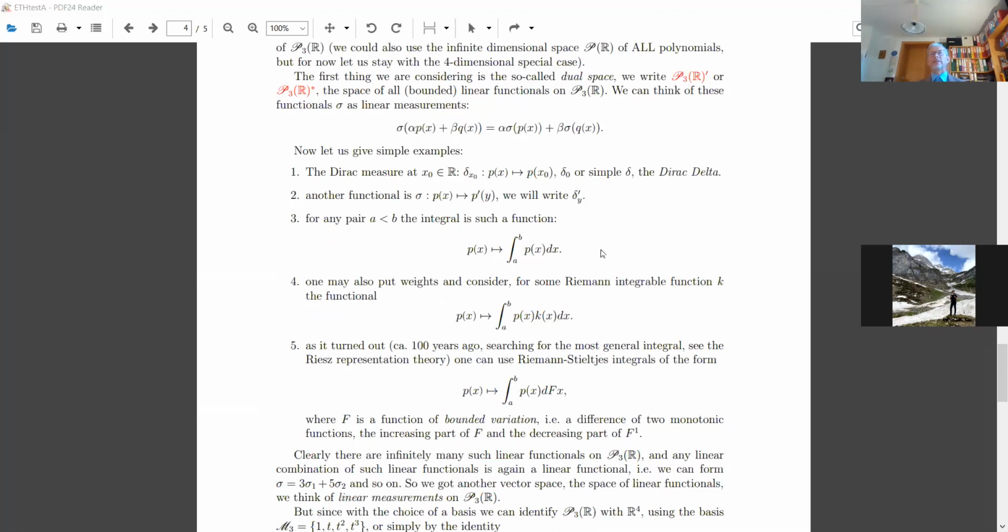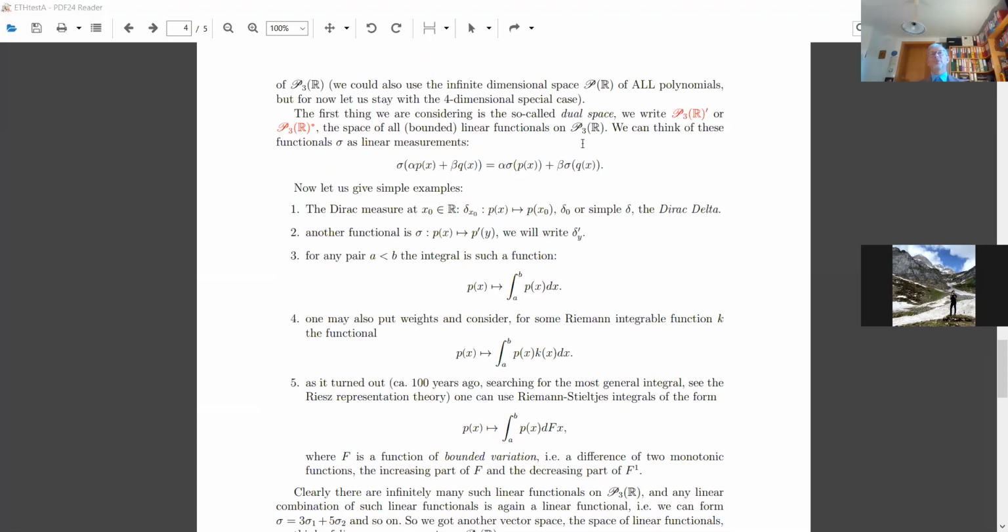And at a different level, you can say, well, but isn't P3, the cubic polynomials, isomorphic to R4? So you just have 4 coordinates, so shouldn't it be just a 4-dimensional space? We also know, and it's confirming this a little bit, that if you're given 4 values of a polynomial, then you can reconstruct the polynomial.